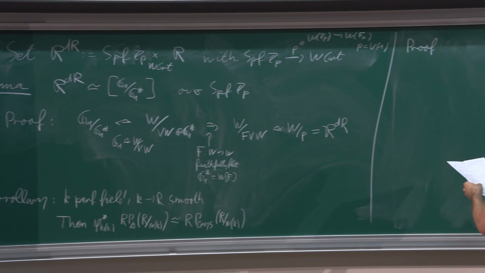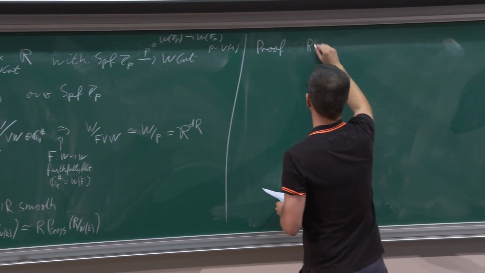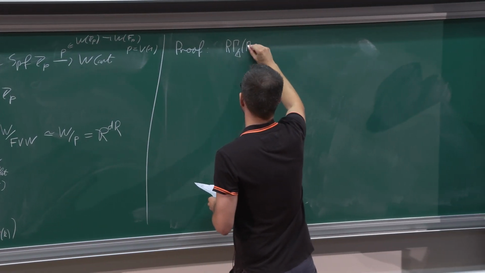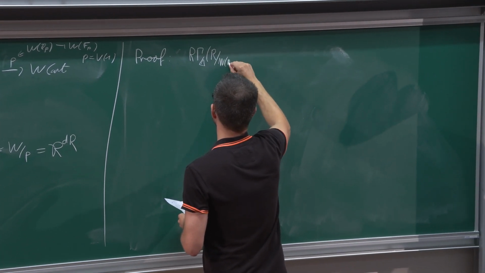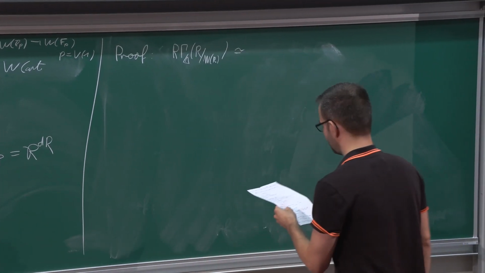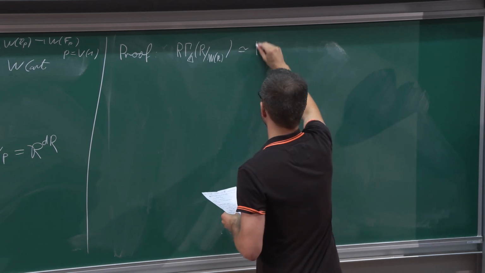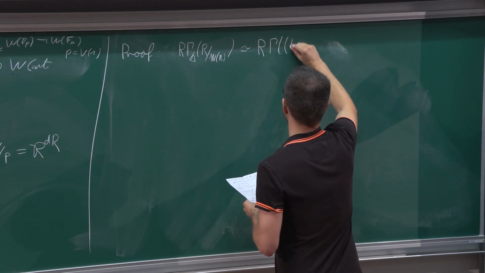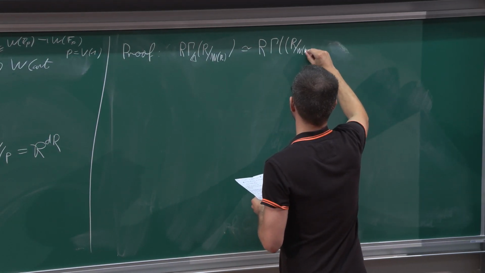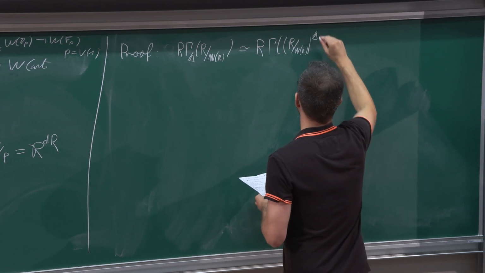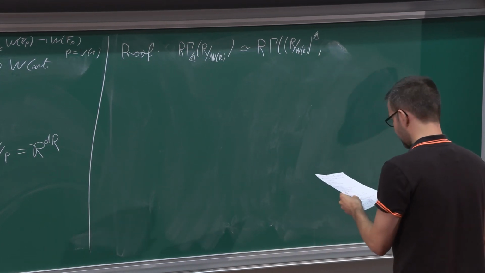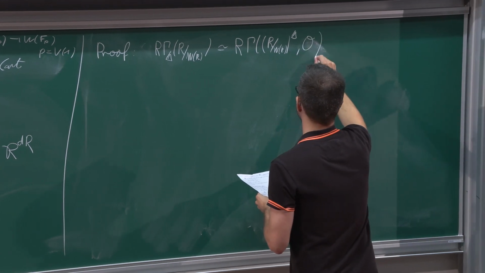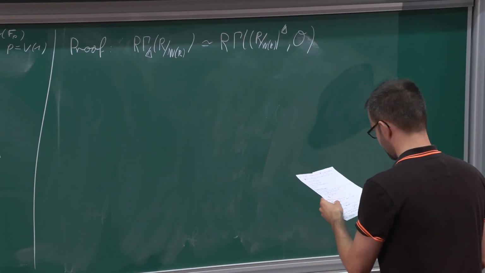So the prismatic cohomology of R relative to W(K), we can calculate it as the cohomology of the prismatization of R relative to W(K).